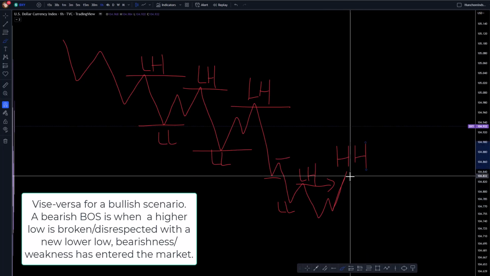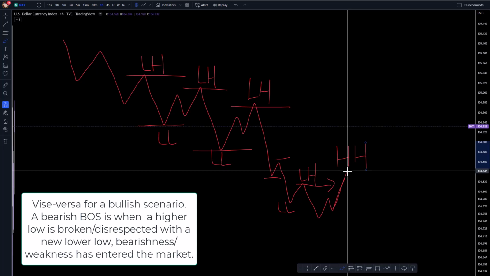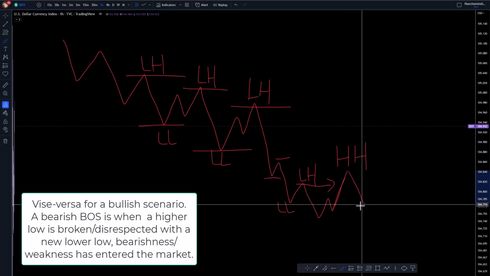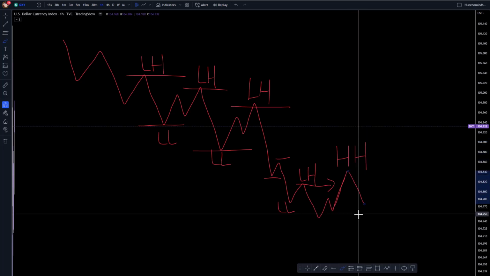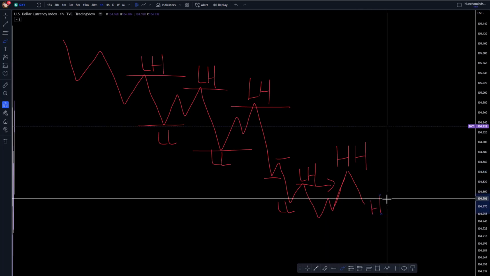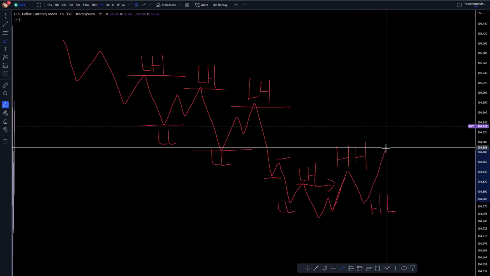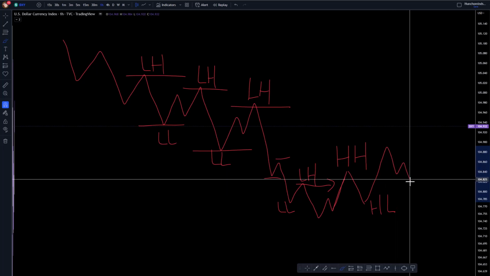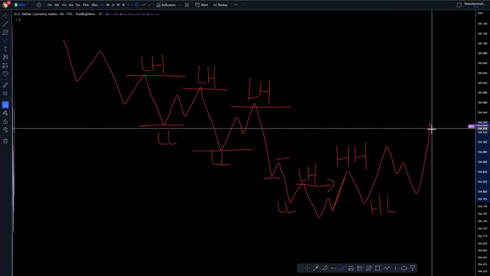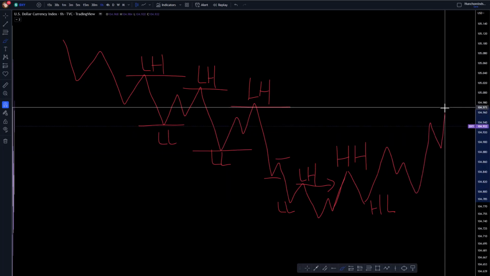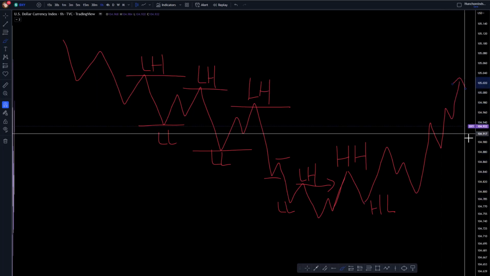Then we can anticipate a retracement to a higher low. So now we have a higher low to a new higher high. We create some lows, then boom, higher high, and we break to the bullish side.